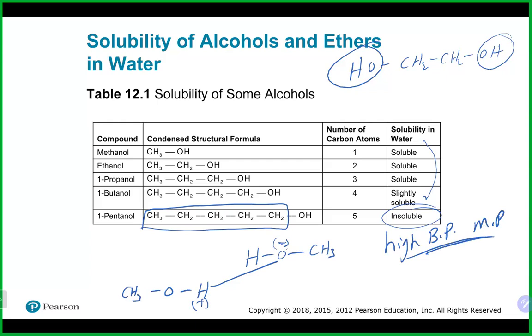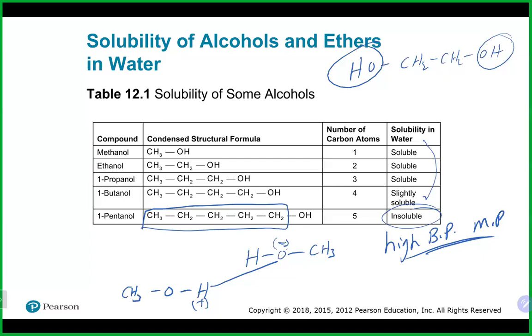So alcohols are pretty much the champion in terms of melting points and boiling points for organic molecules, especially in comparison to things like alkanes, alkenes, alkynes, even ethers as well, because they have the ability to hydrogen bond.